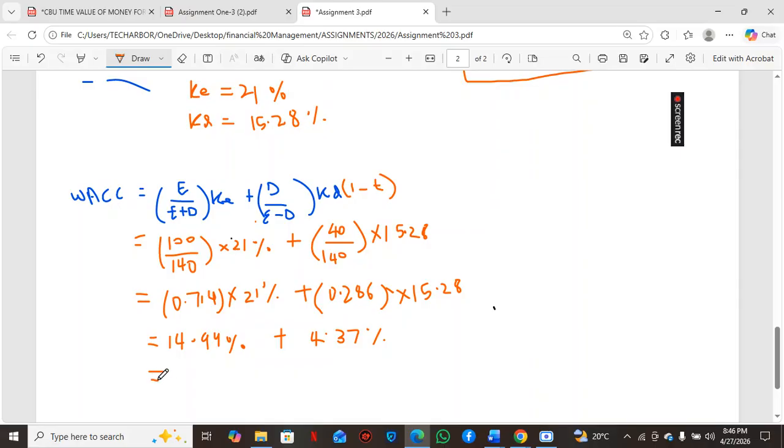So 4.37 plus 14.99, we get 19.36%. This is the weighted average cost of capital for Ndogi Limited.